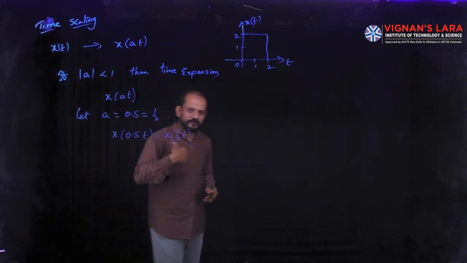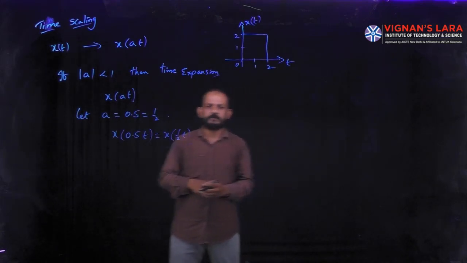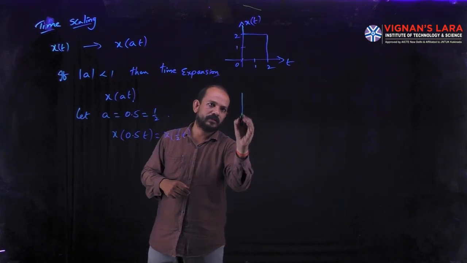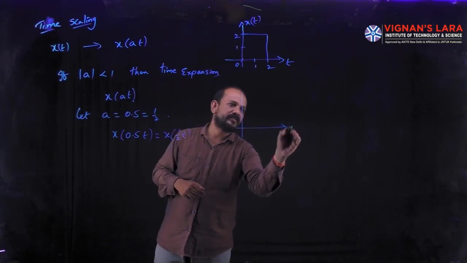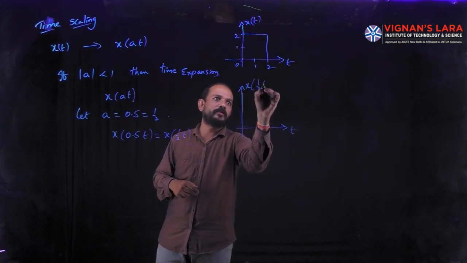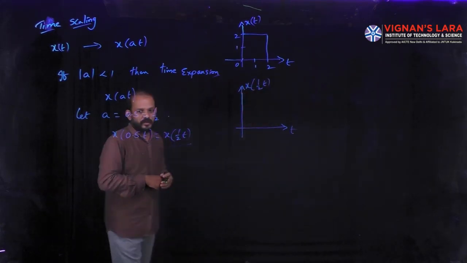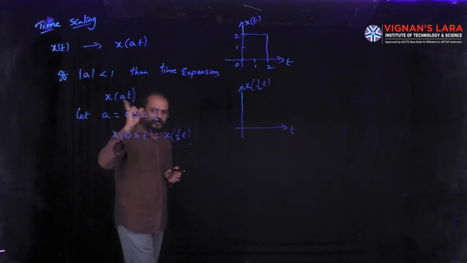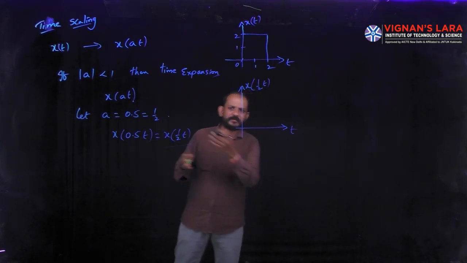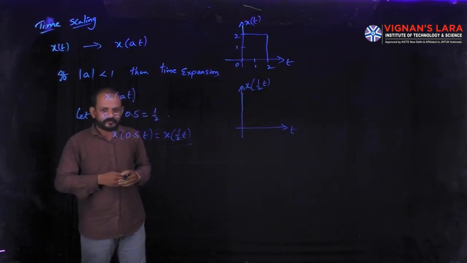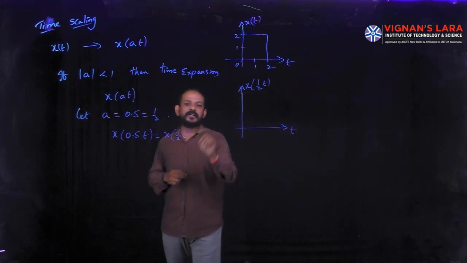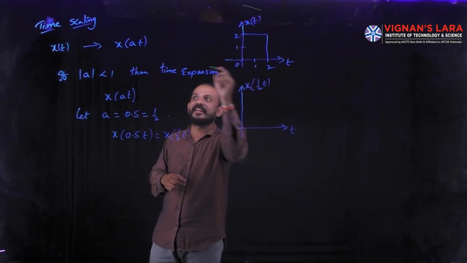Now I need the waveform for this time scaled signal x of 1 by 2 into t. How can you draw this one? Simple. I am drawing like this. Take this as t, and here I need x of 1 by 2 into t. How can you get it? The procedure is the same. In time compression, what I did was divide every time instant by the scaling factor a.